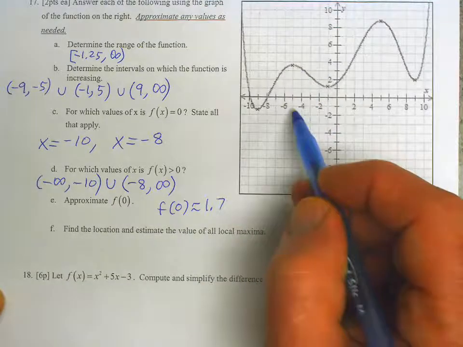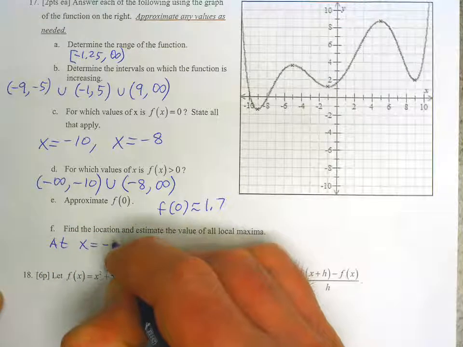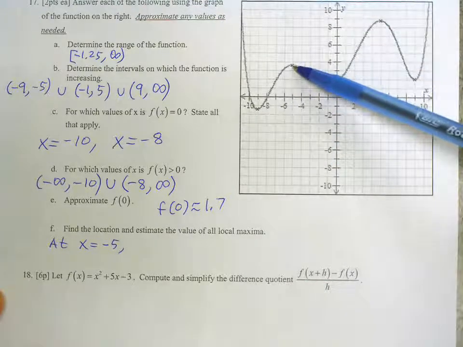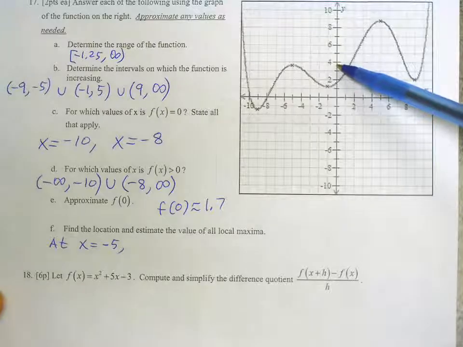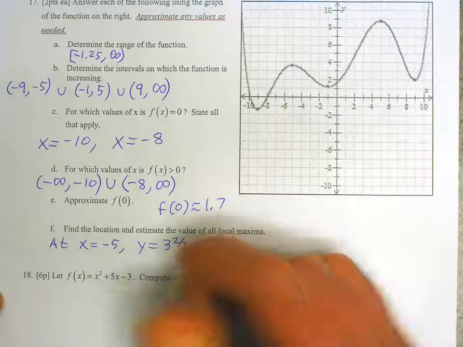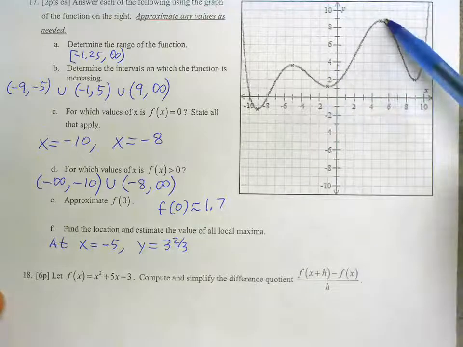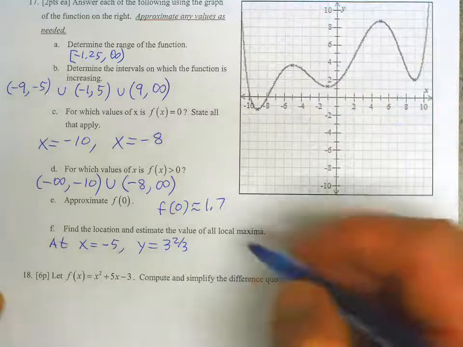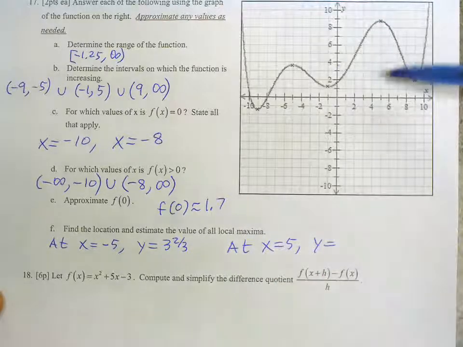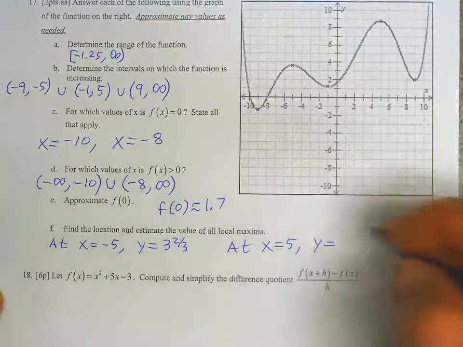So at the location, x equals negative 5, there's a local maximum of y equals about 3 2/3, say. Just be close. And then there's another local maximum at x equals 5. At x equals 5, the local maximum is about 8.8 or something.